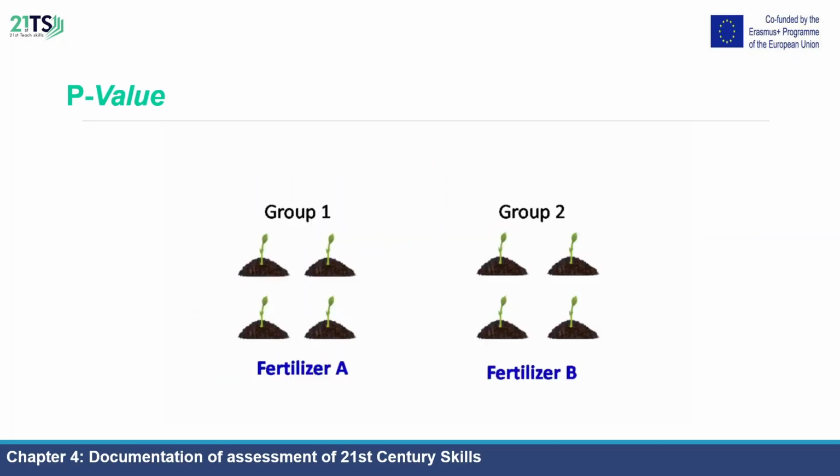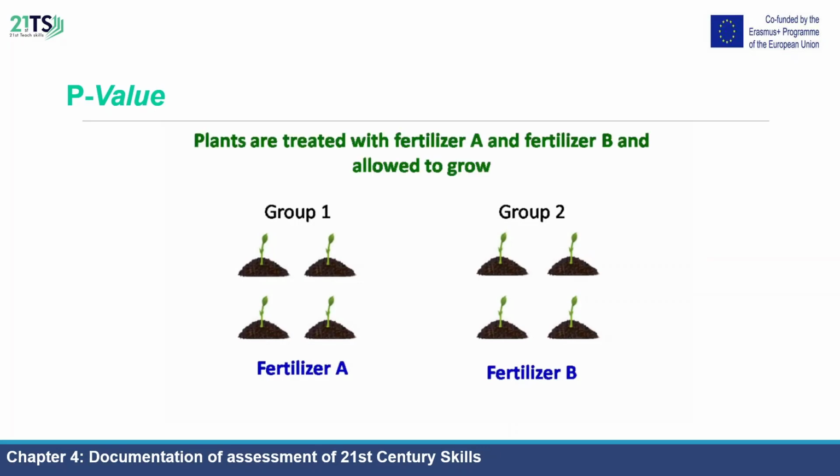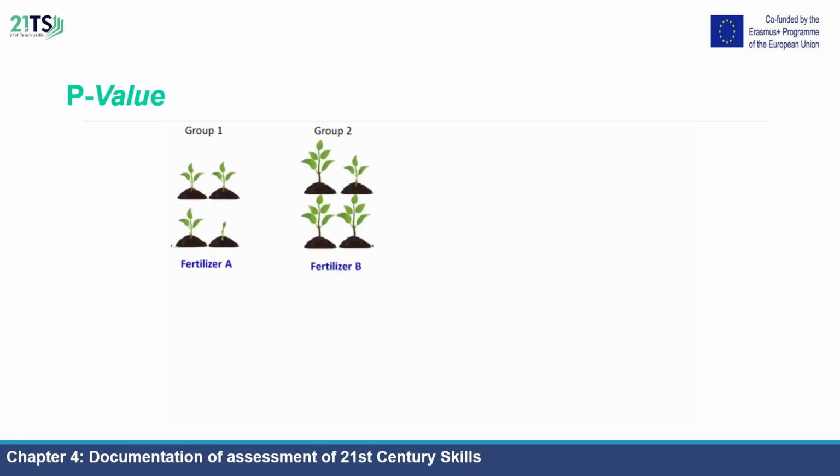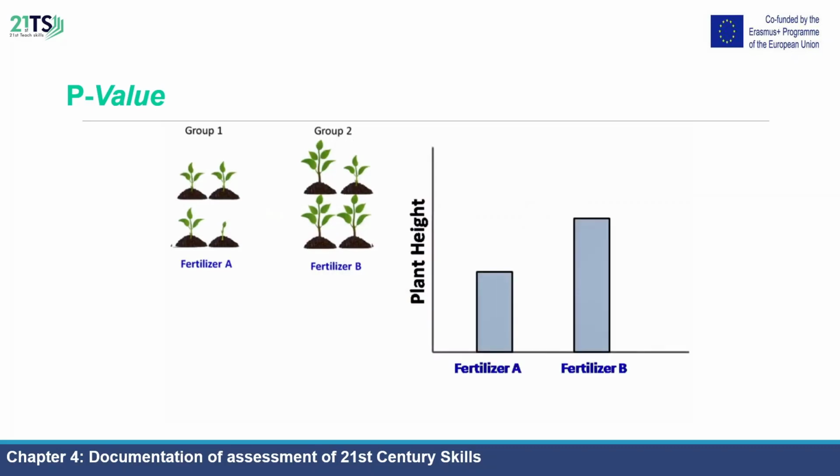Okay, let's take an example of t-test. The t-test is used for the comparison of mean. Let's consider the previous experiment where the plants were given fertilizer A and fertilizer B. Let's say a graph represents the mean and the standard deviation in the height of the plant.